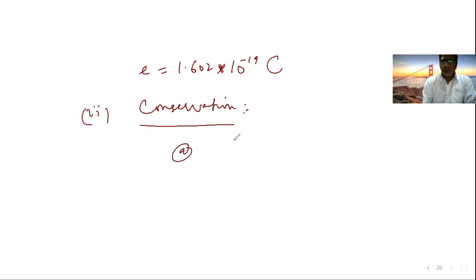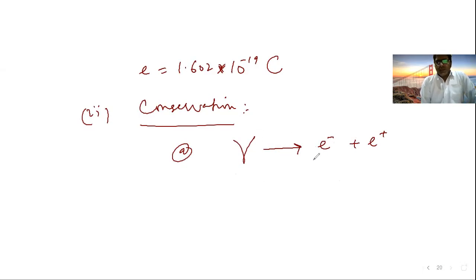One is if a gamma ray photon disappears, we get an electron and a positron. This process is called pair production because a pair of particles is produced.